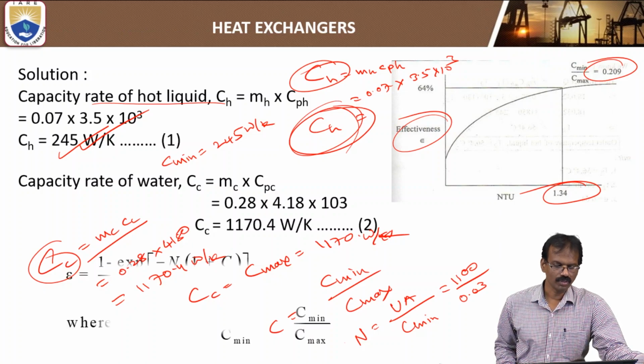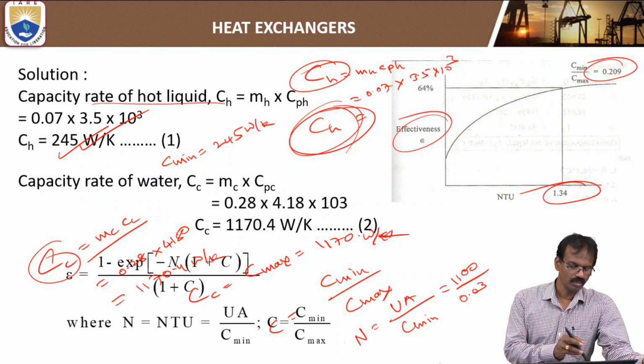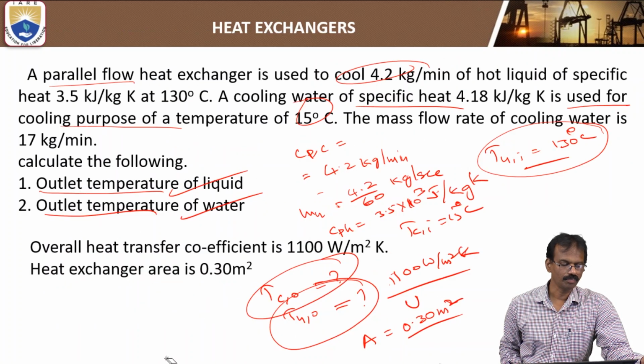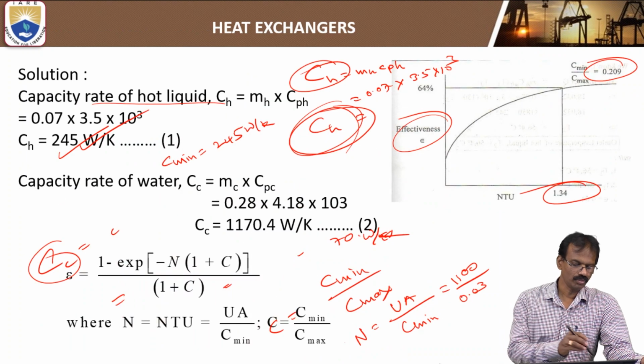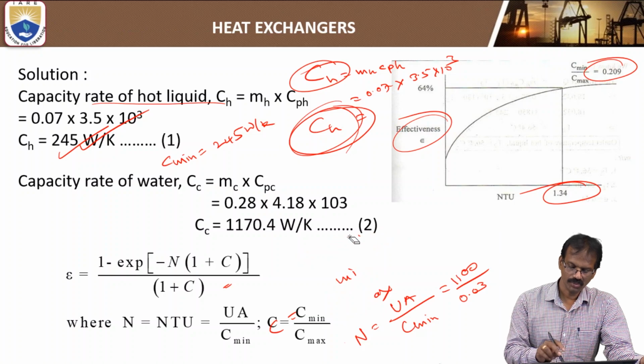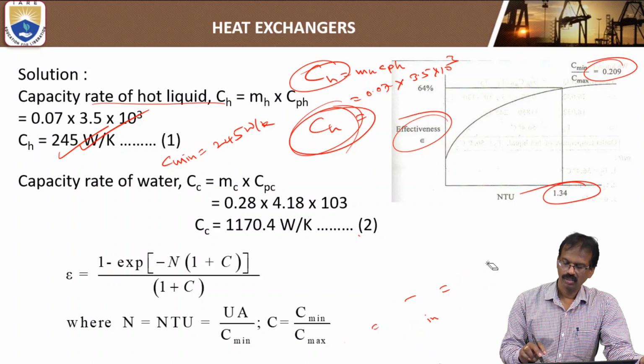So this is the counter flow, and this one is the parallel flow. You know the formula for the effectiveness. You can use this formula, or otherwise you can use the data book to take the effectiveness with respect to the NTU value and C minimum value.